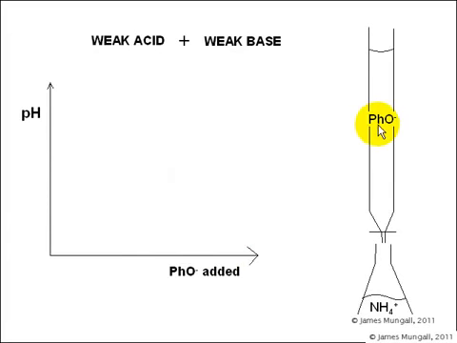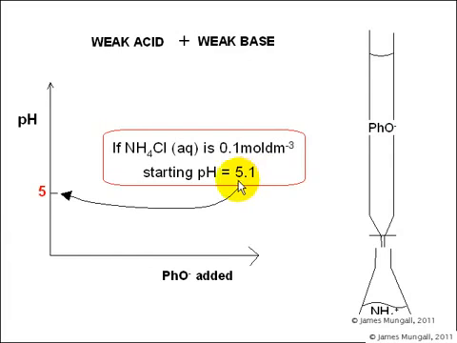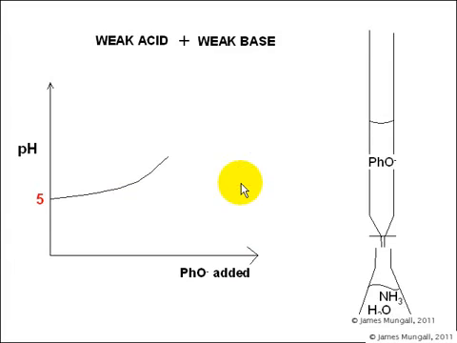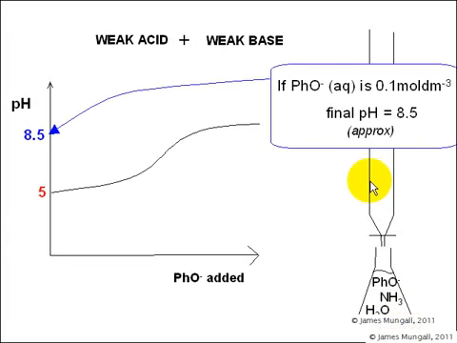The initial pH is around 5 for a 0.1 mole per decimeter cubed solution of the ammonium chloride. At some point there will be the same amount of weak acid and weak base in the conical flask, and if we keep adding the weak base, there will be a final pH of around about 8.5.